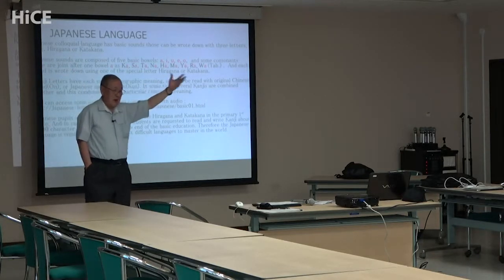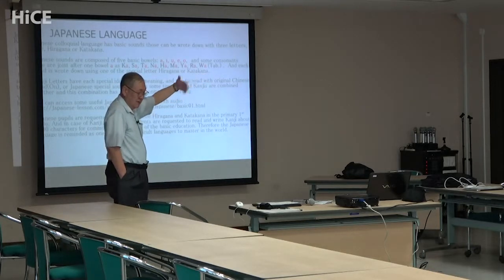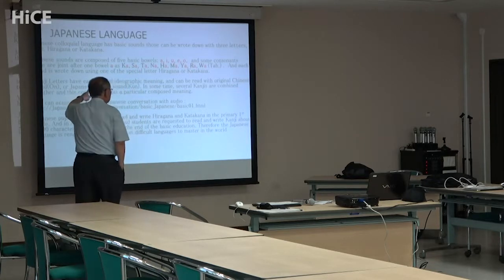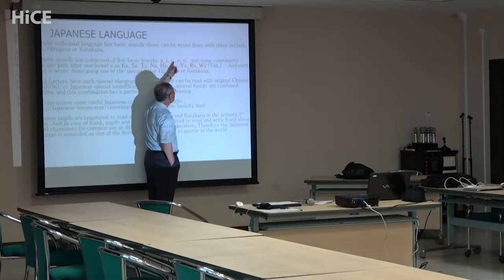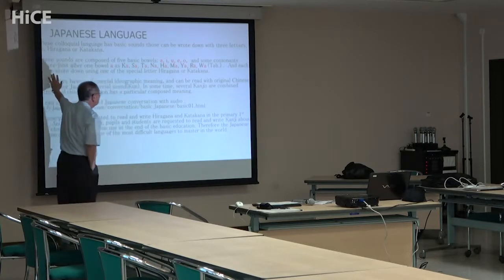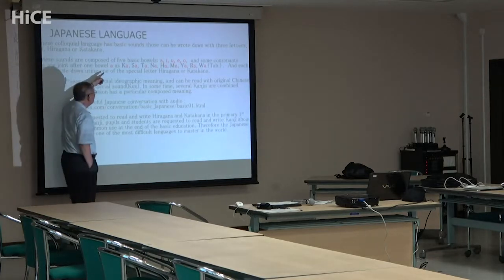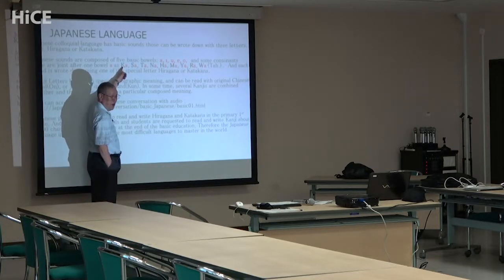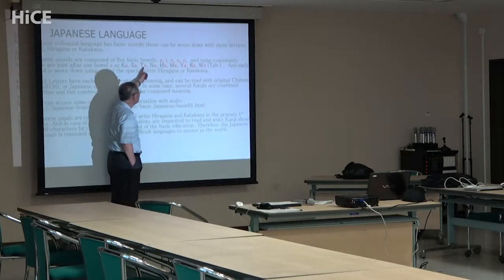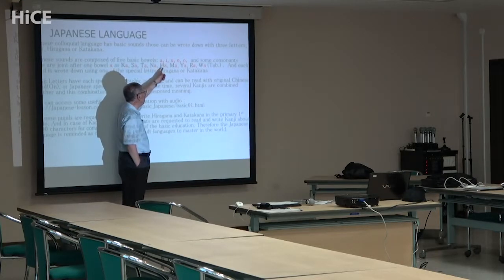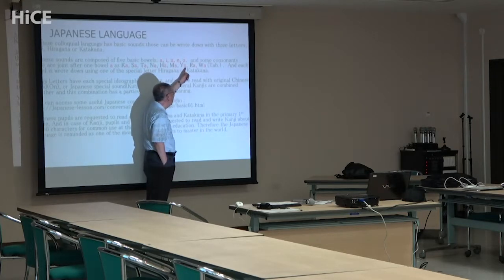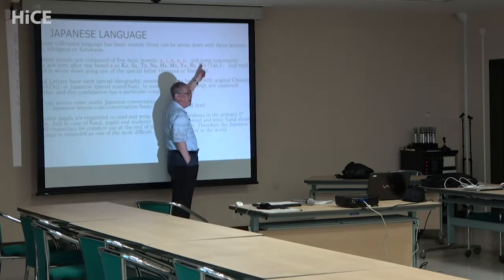Those I told you about using the Aiueo hiragana table, and also basic sound is a, i, u, e, o. Okay, and some consonants: K, ka, ki, ku, ke, ko, and another S, sa, shi, su, se, so, T, ta, chi, tsu, te, to, na, ni, nu, ne, no, ha, hi, fu, he, ho, ma, mi, mu, me, mo, ya, yu, yo, ra, ri, ru, re, ro, wa, o, n.